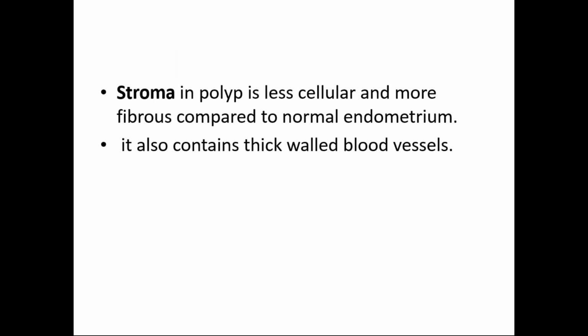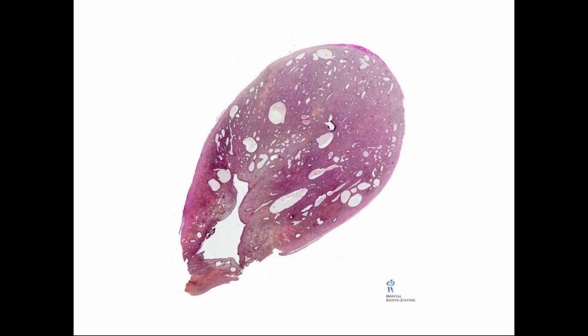So coming to the stroma. Stroma in polyp is less cellular and more fibrous compared to normal endometrium. And it also contains thick walled blood vessels. So this is the polypoid structure, which is covered by epithelium on three sides, the surface epithelium being tall columnar epithelium, and underlying that epithelium is the stroma as well as glandular component.